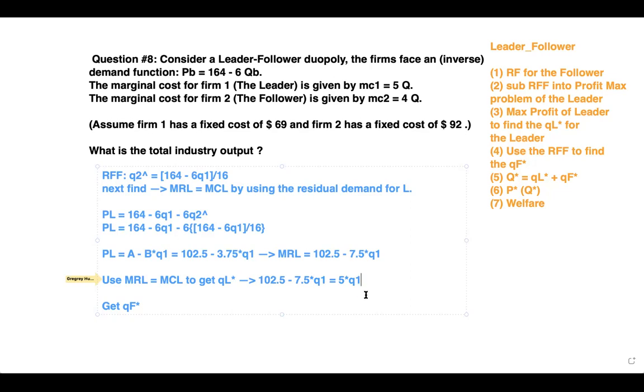So then when you solve this, maybe we should go down to the next line. So you would get QL star then is equal to 102.5 divided by 12.5, right?